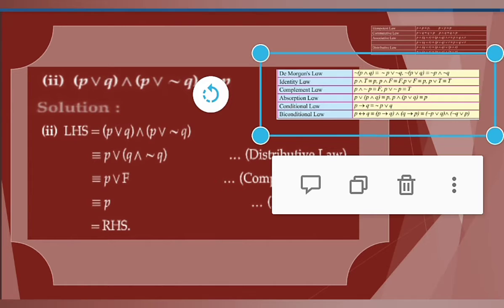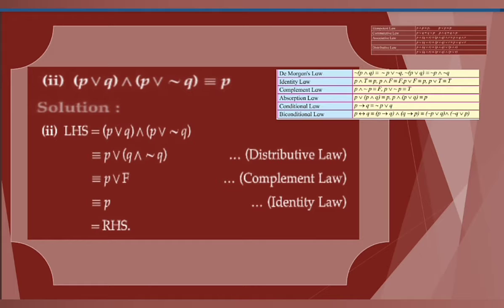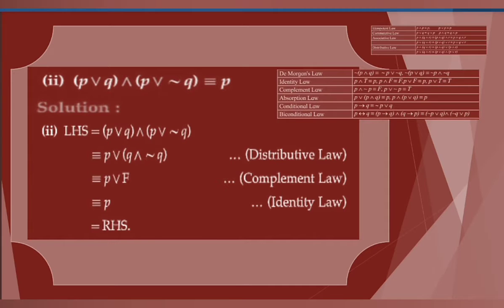P and T is P, P and F is F, P or F is P, and P or T is T. Then we use it here: P or F means P. Write P down here, and this is the RHS. We prove that LHS is equal to RHS. Next example.